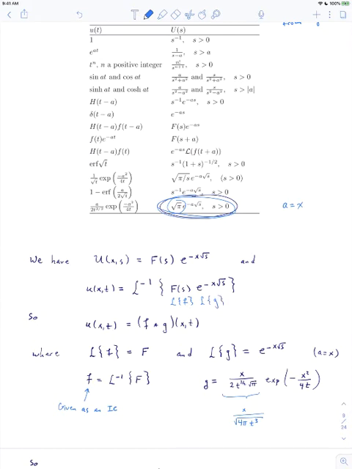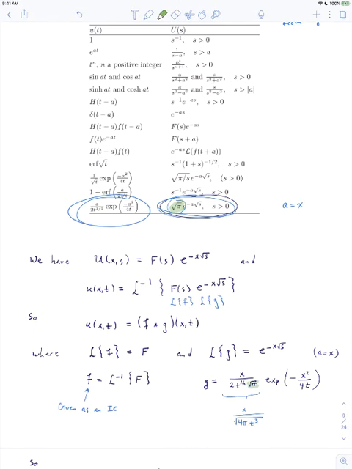So u is equal to f convolved with g, and g is just this expression right here: x over 2t to the 3 halves times the exponential of minus a squared, but a is equal to x, so it's x squared over 4t. And remember, we have to divide by that square root of pi, so that's where that comes from. Okay.